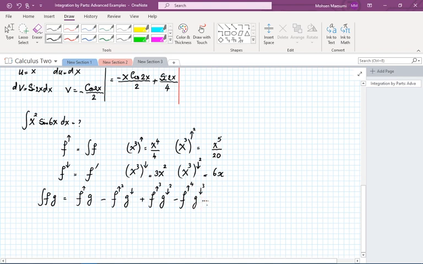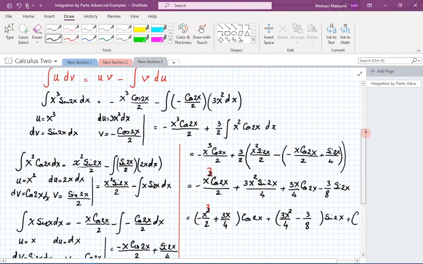You keep doing this as many times as needed, and the signs are going to alternate. So down the road you are going to have either a plus or minus depending on an odd or even number of steps you have taken, and then f is going to be taken up by, say, n plus 1 steps. G is taken down by some, say, n steps, and out comes the last term.